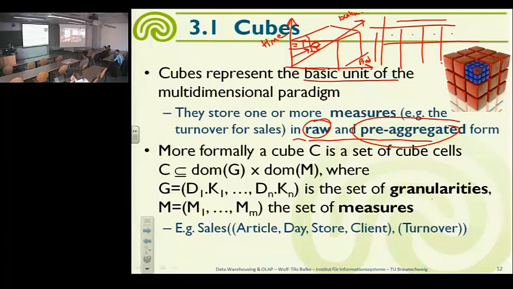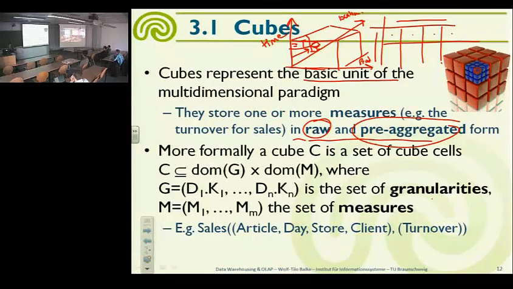In the cube itself, you're going to start computing these pre-aggregates, and this can be easily done once you have this cube structure, which is the reason why people opted for a cube. And then you start to do these aggregations. But at the very beginning, you start off with the raw data, which is basically the center of the cube, and then around the cube, you start building these aggregates.